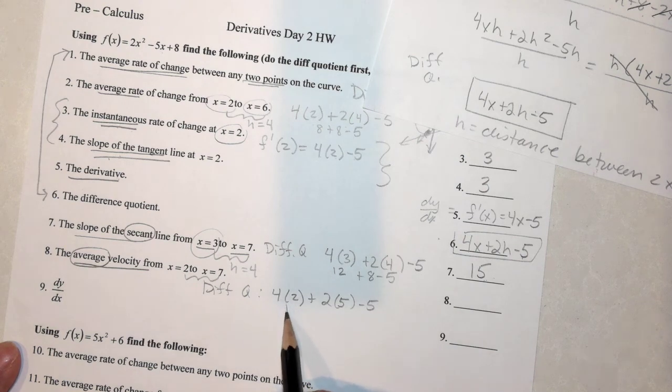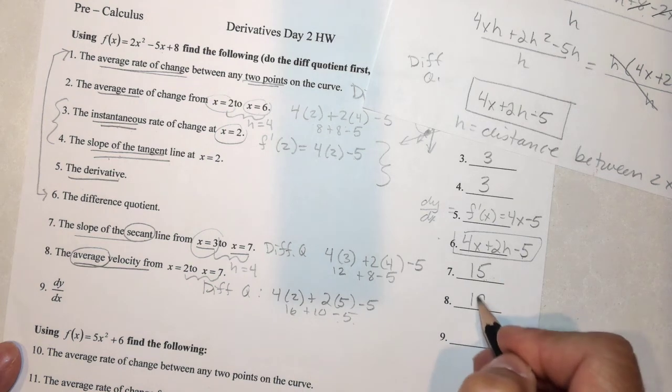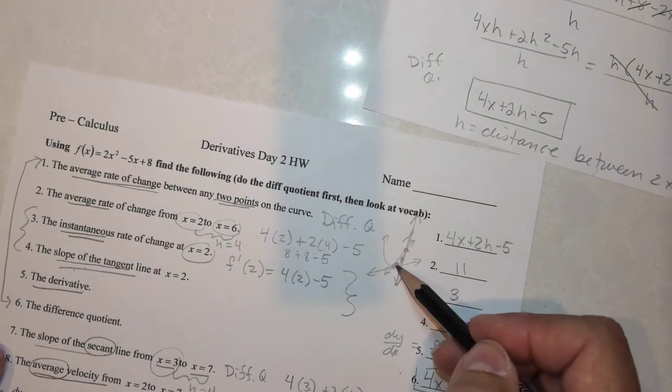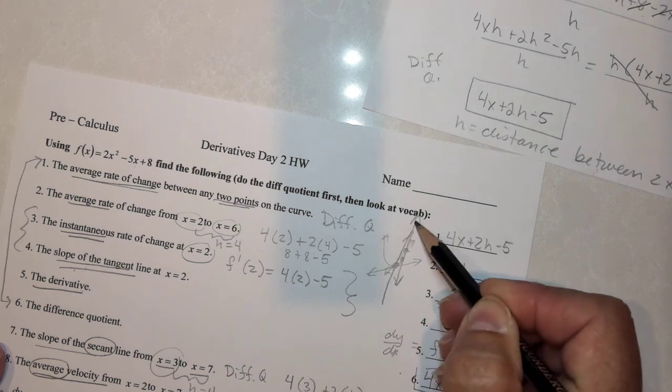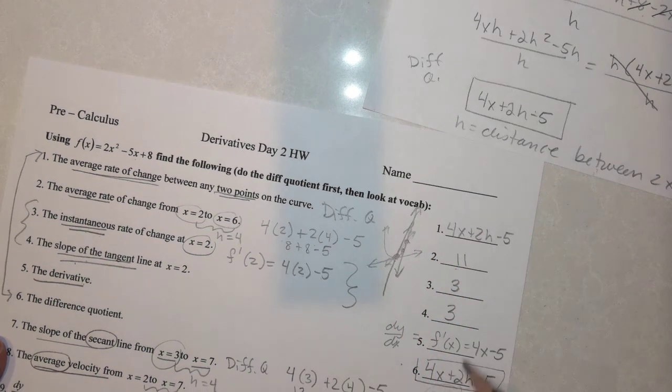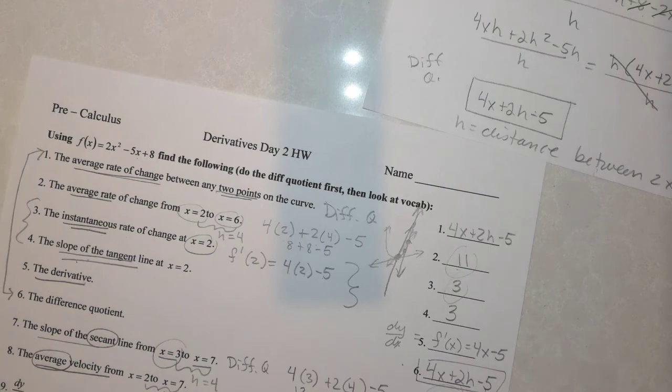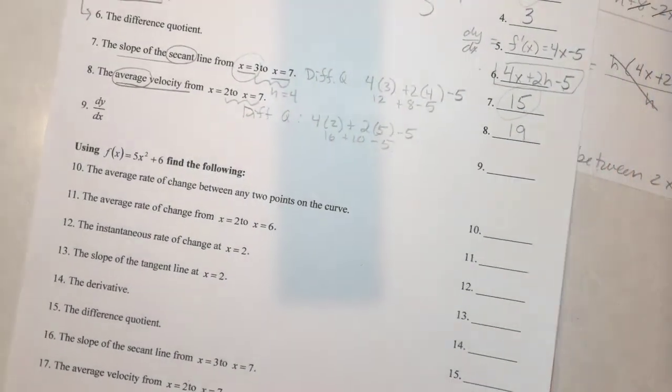So that's 16 plus 10 minus 5, so I have 26 minus 5. This one's 19. Going back to my picture, which is getting a little messy, if I went from my x of 2 all the way up to my 7, that line would be even steeper than all these others, which is why it has a steeper slope or higher value.